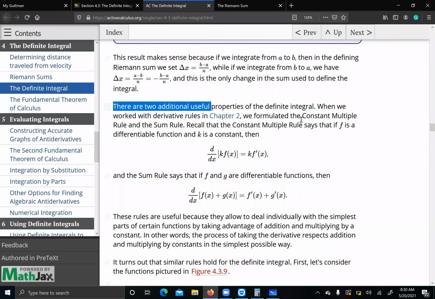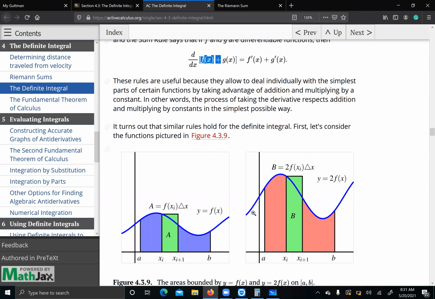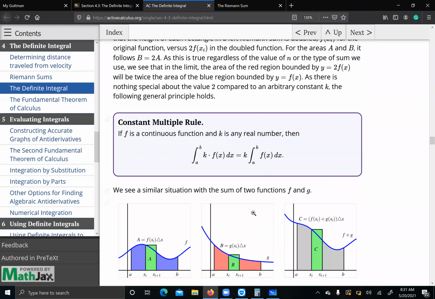Okay, let's see what else. We have more properties, like the properties for a derivative. Do you remember for derivative, if you multiply the function by a constant and then take the derivative, you just carry out that constant multiplier with the derivative. And then the sum rule: taking the derivative of a sum is the summation of these individual derivatives. We have the same property for integral.